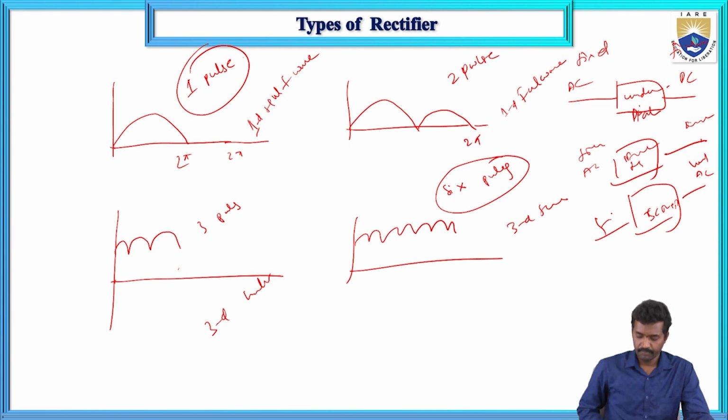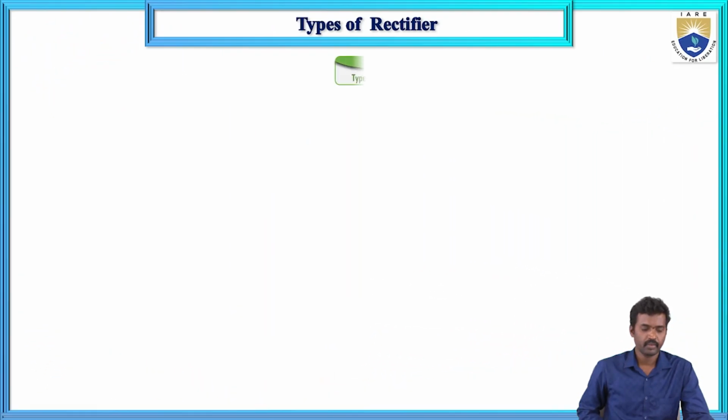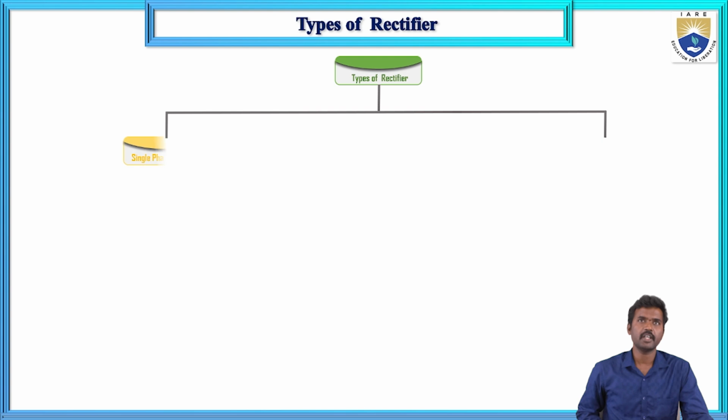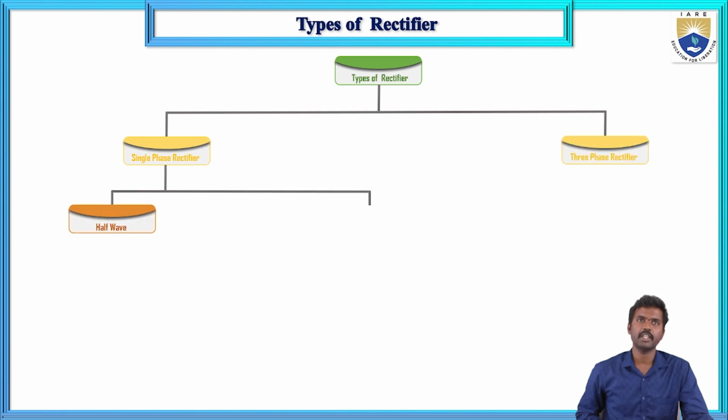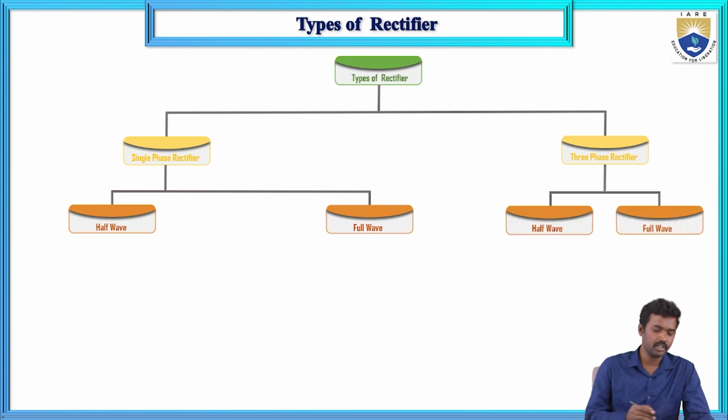Now if you see this diagram of the types of rectifiers, there are 2 types: single phase rectifier and 3 phase rectifier. In the single phase rectifier, there is the half wave rectifier and the full wave rectifier. In the same way, the half wave rectifier has 1 pulse only, and the full wave has 2 pulses.